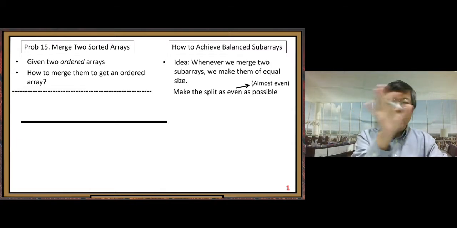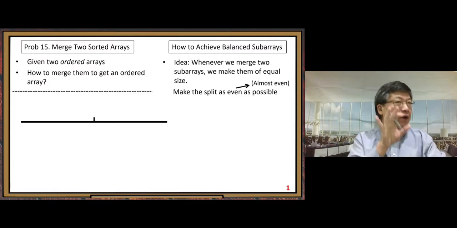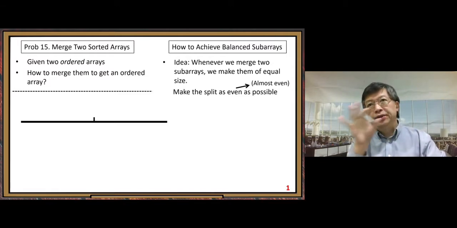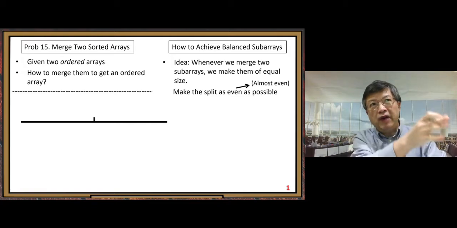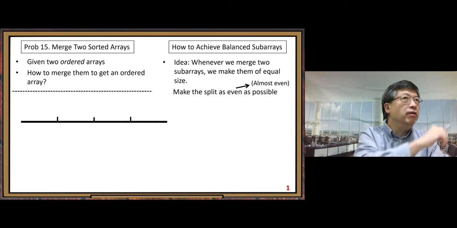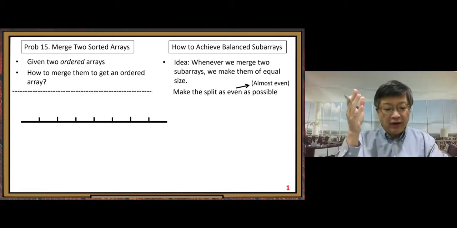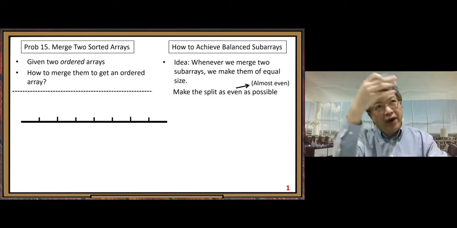Then, after we get two subarrays, in the next round of recursion we split in the middle of each subarray, and so on. Split more and more.